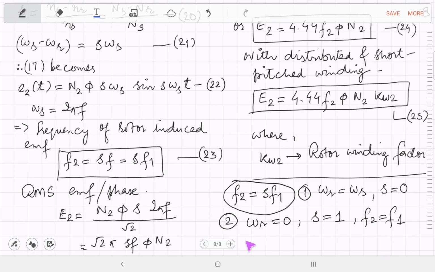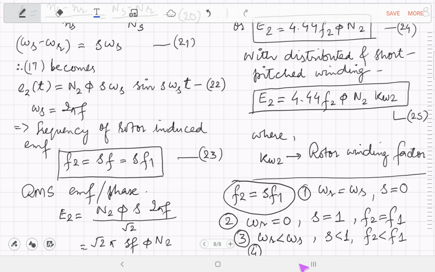And one more thing can be seen: if omega R is less than omega S, that is, the rotor is rotating at a speed less than synchronous speed in the direction of the rotating magnetic field, in that case it can easily be seen that the slip will be less than 1, and therefore the frequency of the rotor induced EMF will be less than the frequency of the stator EMF. There is one more case.